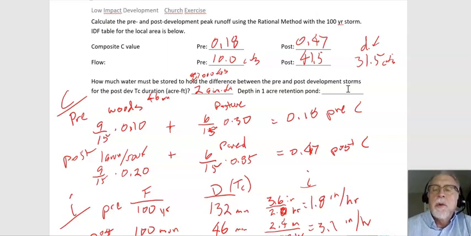To hold that in a 1 acre retention pond, we'd need 2 feet of depth. That doesn't sound like much for the 100-year storm, but that's what my calculations say.